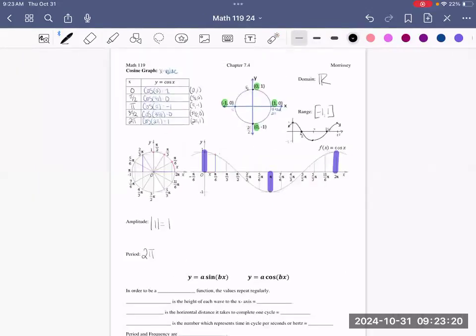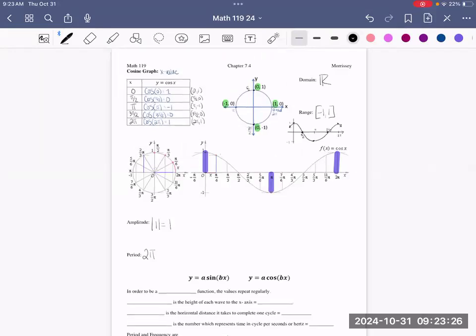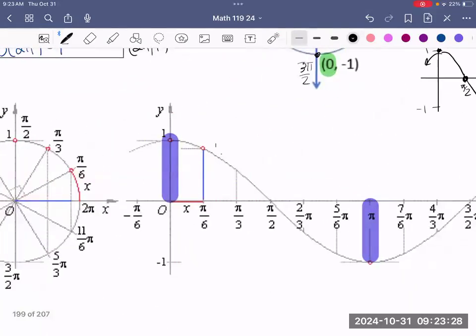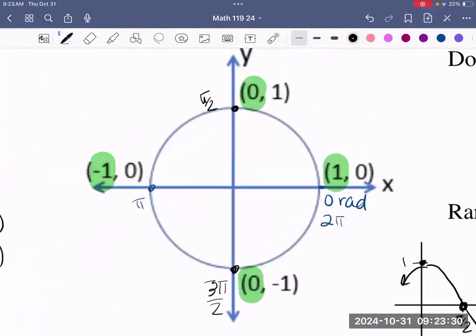So this is just a quick demonstration of how you can get your sine and your cosine graph just by traveling around your unit circle. Again, if we wanted to pick apart some of these in between values here, we certainly could. So at pi over 6, we're at root 3 over 2 and 1/2.